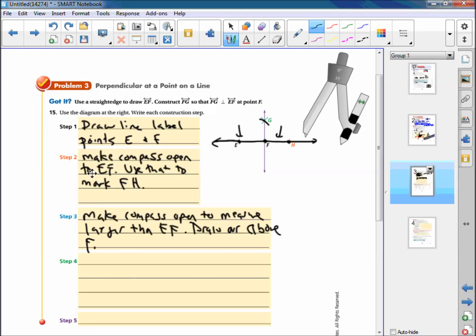All right, and then step 4 is without changing our compass, move compass point to H and make another mark above F. Okay, so we move the compass point over here and we make that mark.